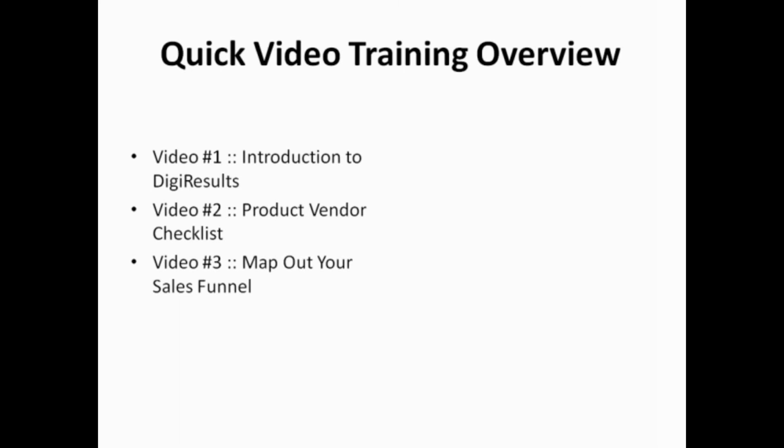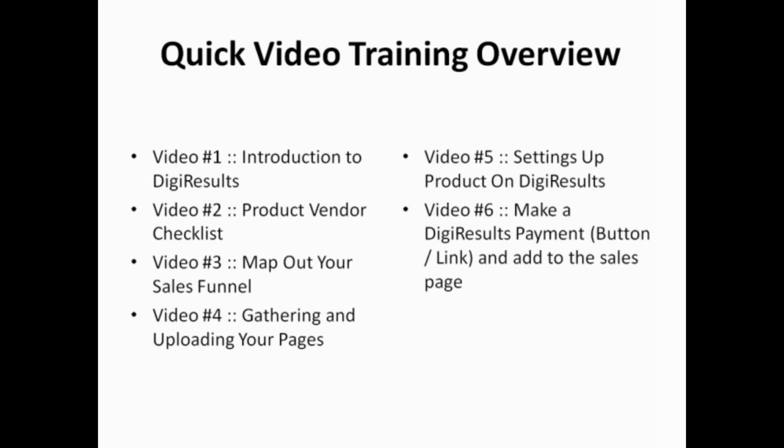Video number 3, we're going to show you how to map out your sales funnel. In video number 4, you're going to gather your pages and upload your pages through FTP to your website. In video number 5, we're going to set up your product on DigiResults. Video number 6, we're going to grab the DigiResults payment button or link and add it to your sales page. And of course, last but not least, video number 7, you're going to be shown how to use the DigiResults affiliate system.